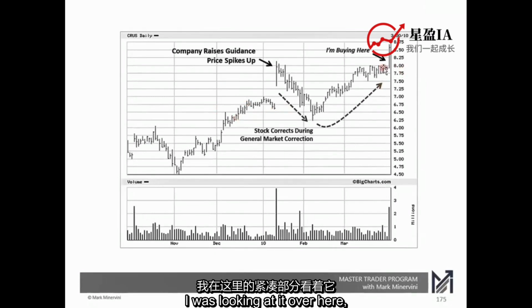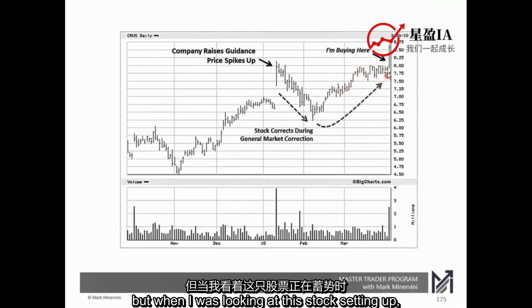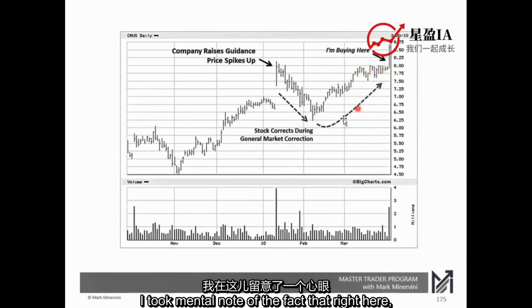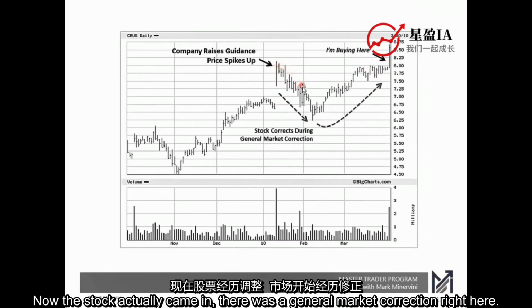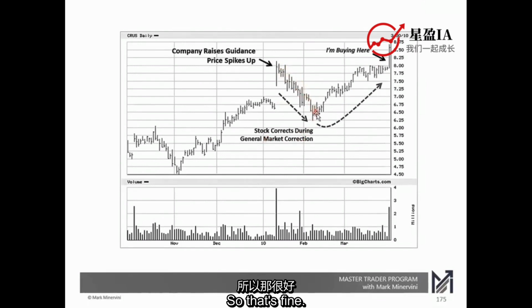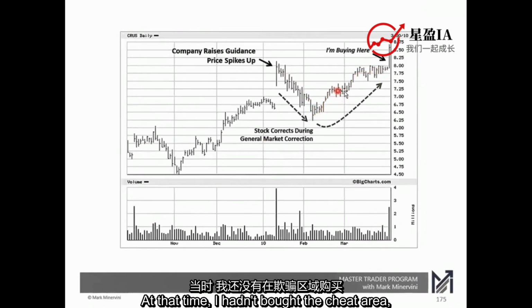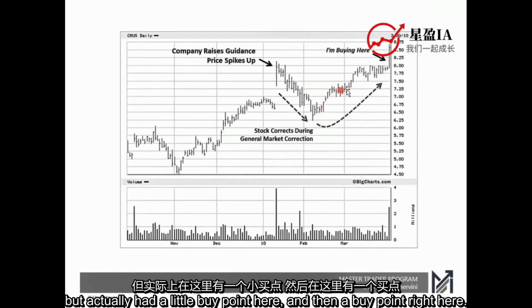I was looking at it over here, but when I was looking at this stock setting up, I took mental note of the fact that right here you had a nice big move on the guidance. And now the stock actually came in. There was a general market correction right here, so that's fine. But the stock was able to set up. At that time, I hadn't bought the cheat area, but it actually had a little buy point here and then a buy point right here.